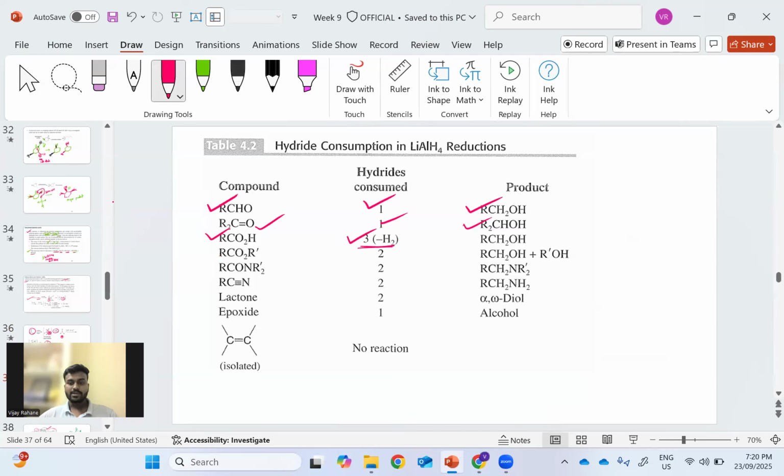Why three equivalents? If you look at the acid, this is the general structure of the acid, right?